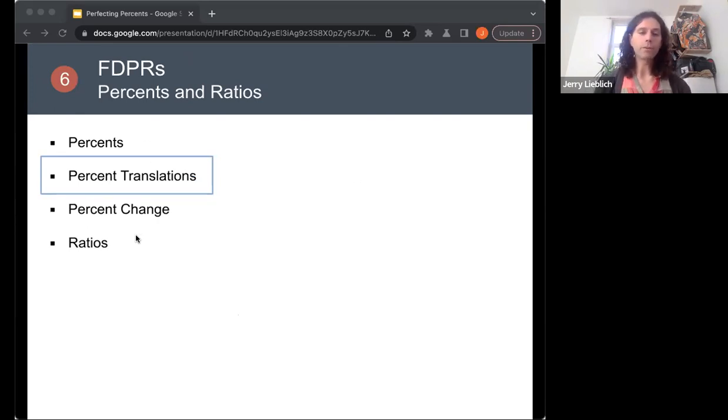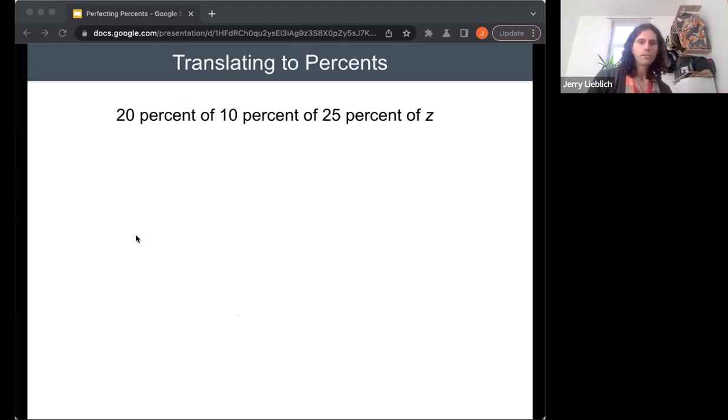So see if you can use some of this stuff as we start actually doing percent problems. But to lead us into that, I want to talk a little bit about how to translate English sentences and questions we might see into the math of percents. So if we see something like this, which can be pretty intimidating at first, let's just remember that percent just means take that number over 100.